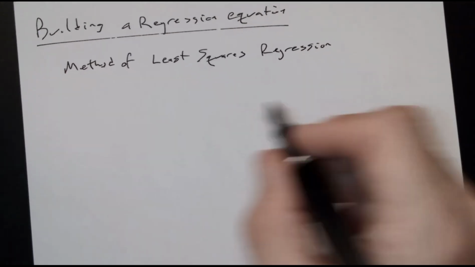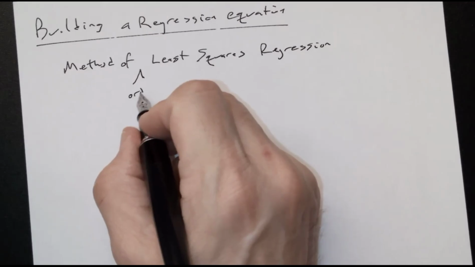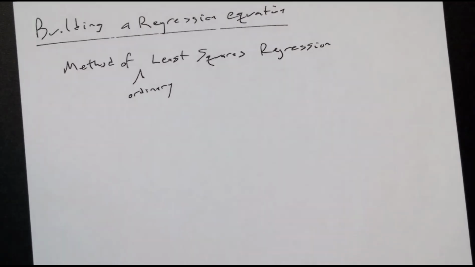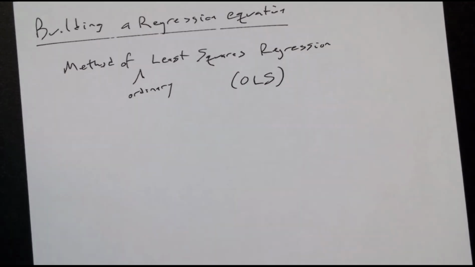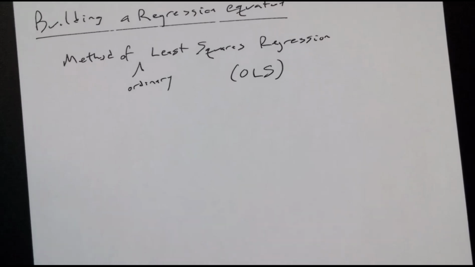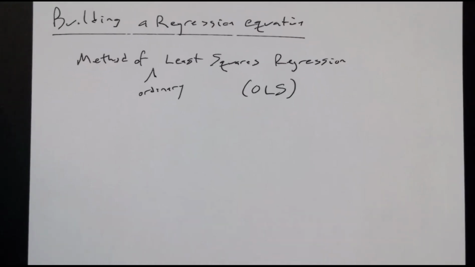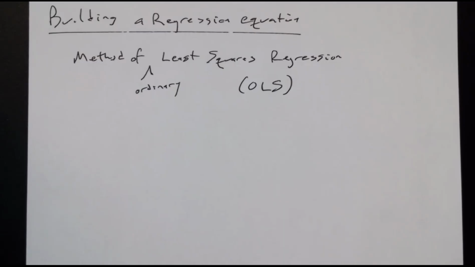Sometimes it's referred to as ordinary least squares, so you'll often see it abbreviated OLS. This ordinary least squares regression is designed to find the y-intercept and the slope of this line.